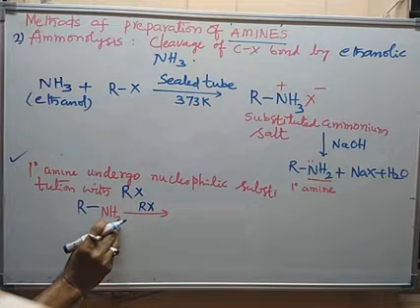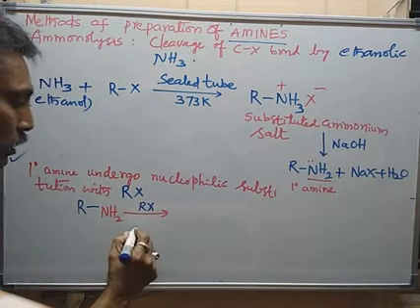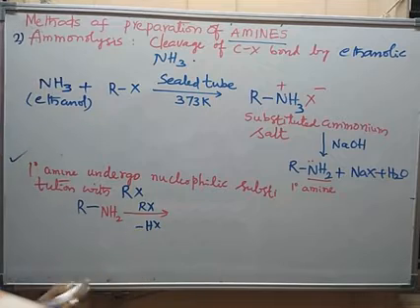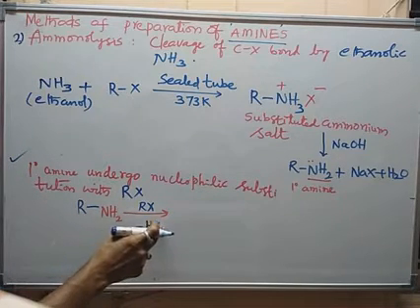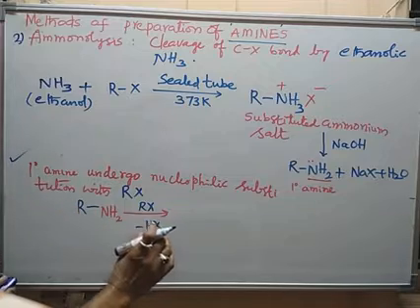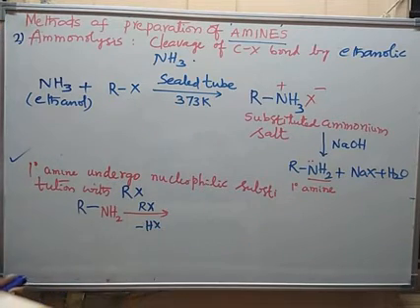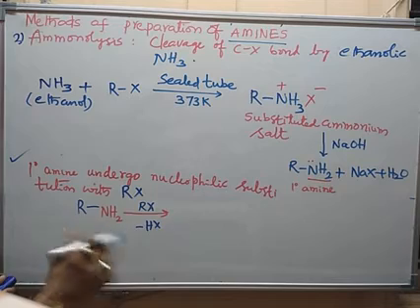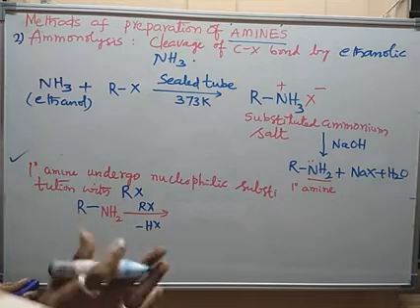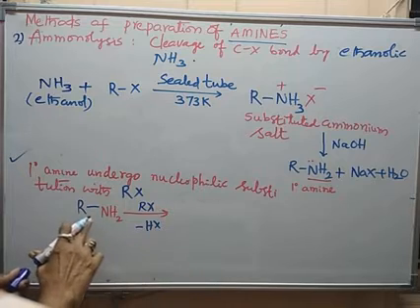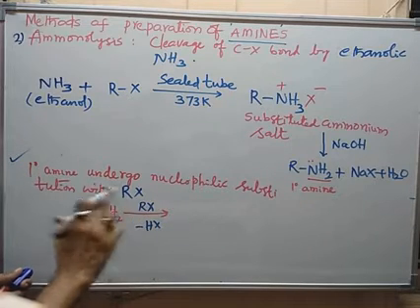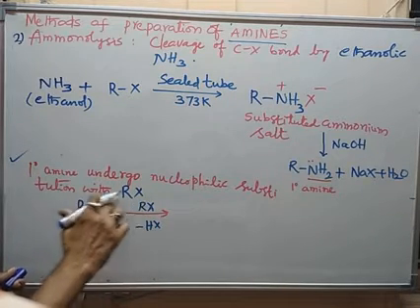Then this halogen is removed as hydrogen halide on the same arrow mark, by writing a minus sign before the composition of the species which is removed from the reaction mixture. This is a technique to avoid occupying space. Then RNH2 plus RX: H is removed, this R is introduced.